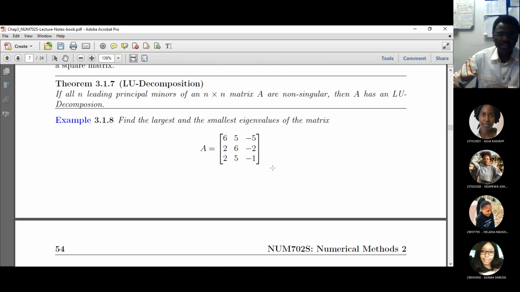Which one? You are talking about this one? Yeah, that one down there, at 3.18. Okay, find the largest and smallest eigenvalue of the matrix. Okay, so let's do that then. Then you have to tell me what you did in class.